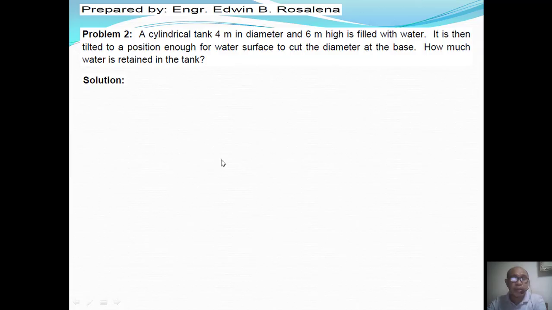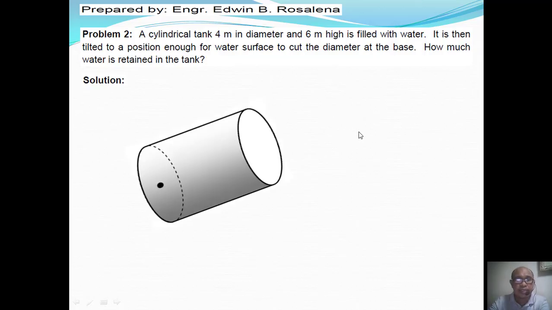Okay, so we can draw it now so that we can view it and analyze it. So this is now the tilted position of the tank, such that if this is the water surface, it cuts the base at the diameter. So below the blue lines is the water remaining.